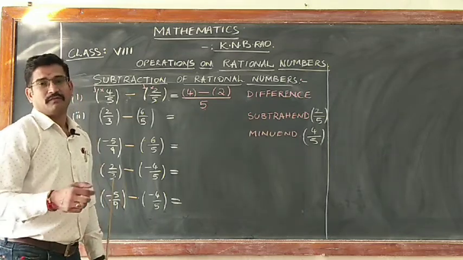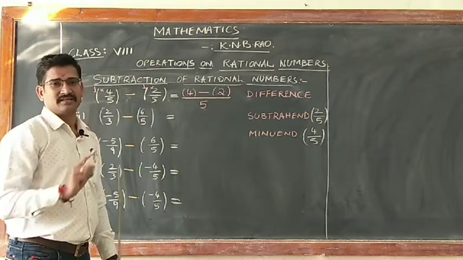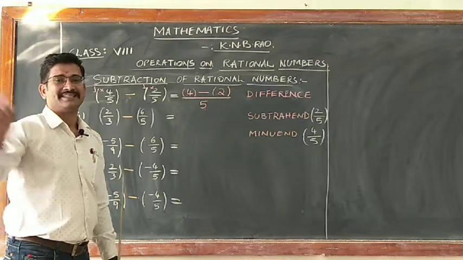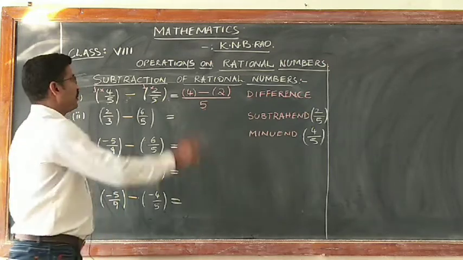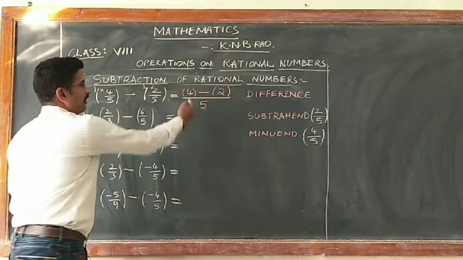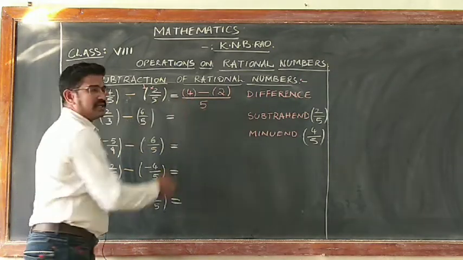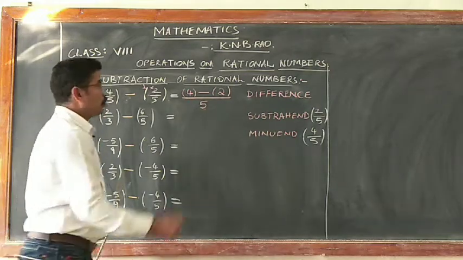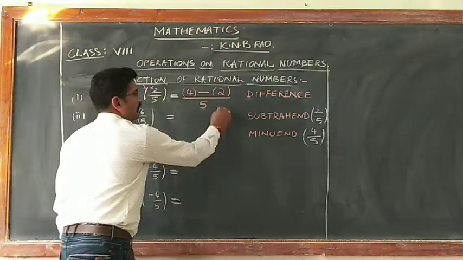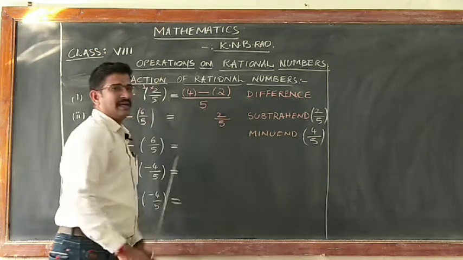If you have learned how to subtract integers well, you will never find difficulty in subtracting rational numbers. The difference between 4 and 2 is 2. The result is 2 upon 5.